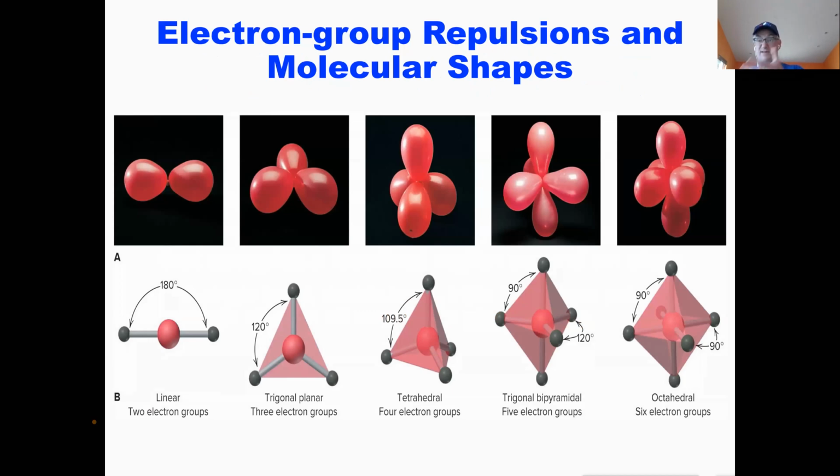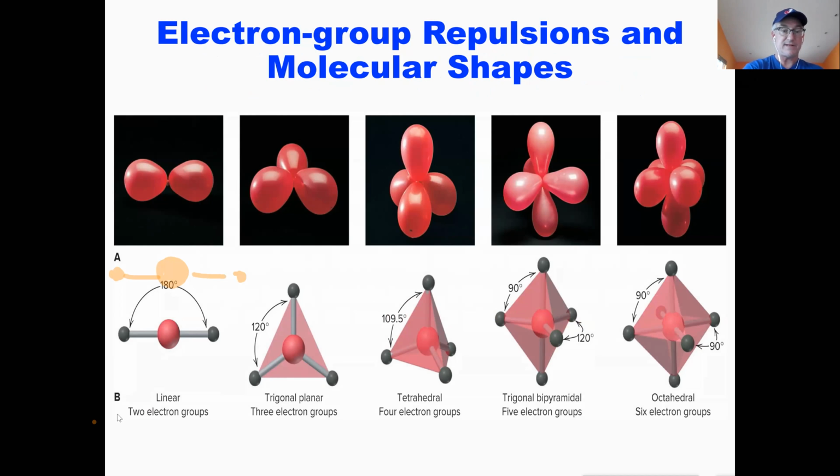So here's what the basic shapes will look like. Like I mentioned, if there is a molecule with a central atom and then an atom on one side and an atom on the other side, and it only has bonds on one side and bonds on the other side, that is going to be linear. Why?